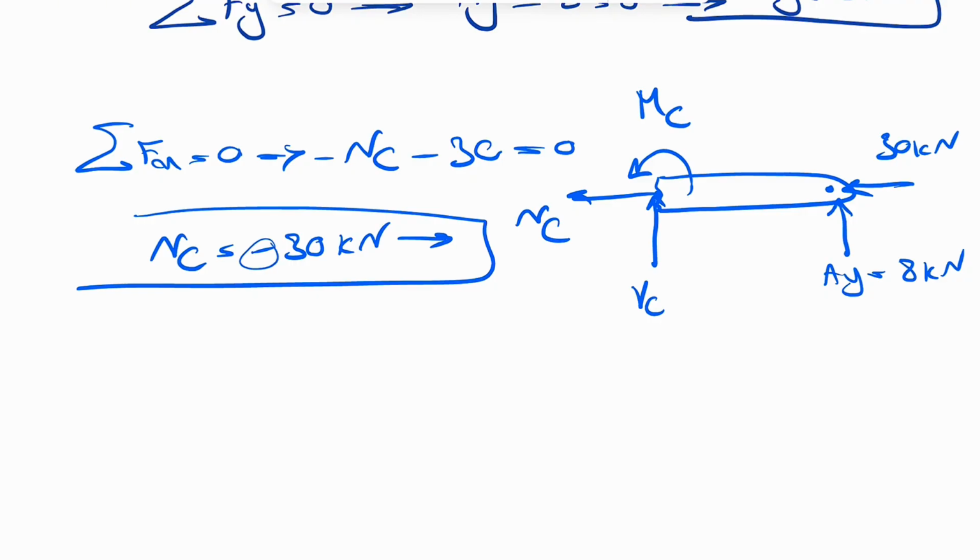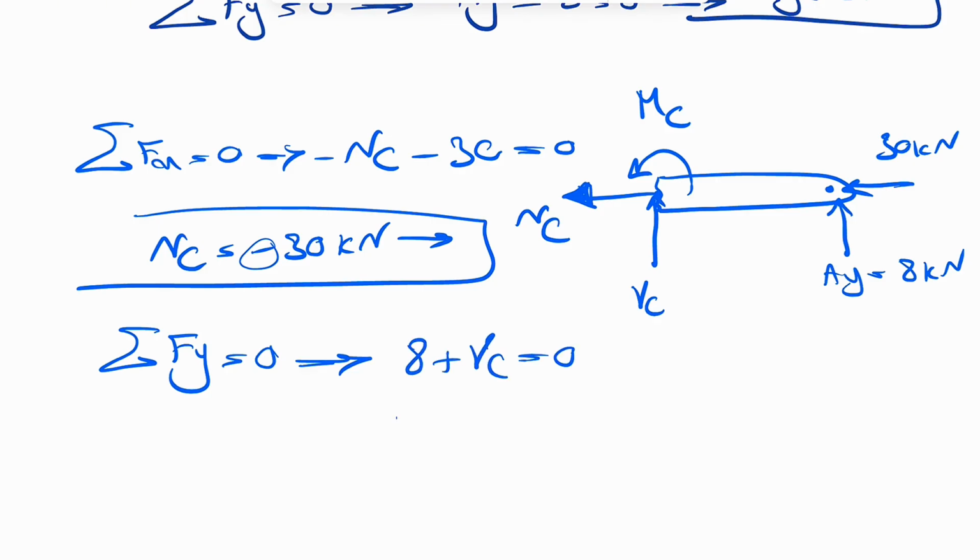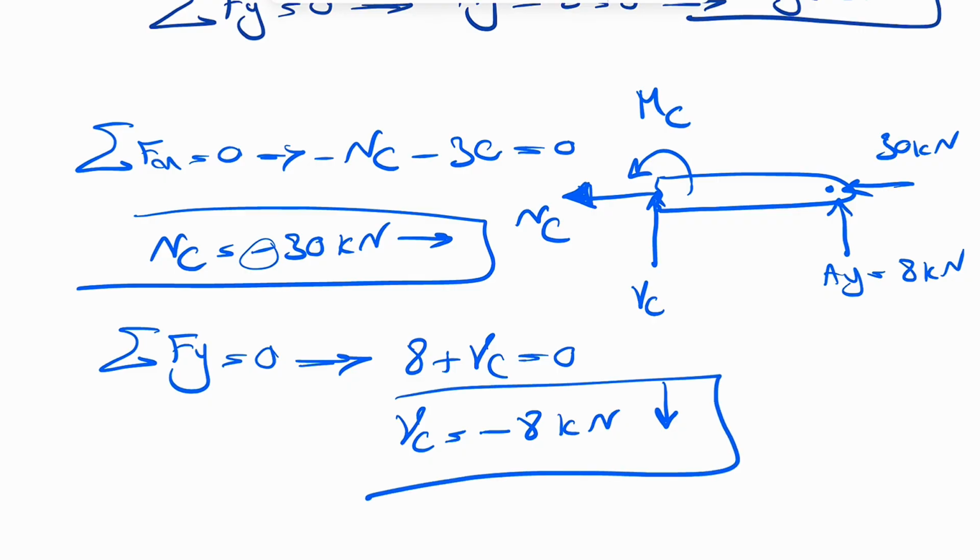That negative sign shows that the direction we assumed at the beginning was not correct. So let's go with the sum of all forces in Y equals 0. Now we only have AY and VC. So AY is 8 plus VC equals 0. That shows the shear force is also negative, and again, the negative sign shows that the correct direction for VC is downward.